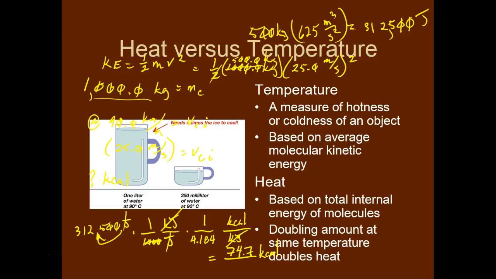If you were to try to stop it yourself, you could pull it or push it to a stop. How much energy would that take? About 75 kilocalories, which also is your capital C calories.